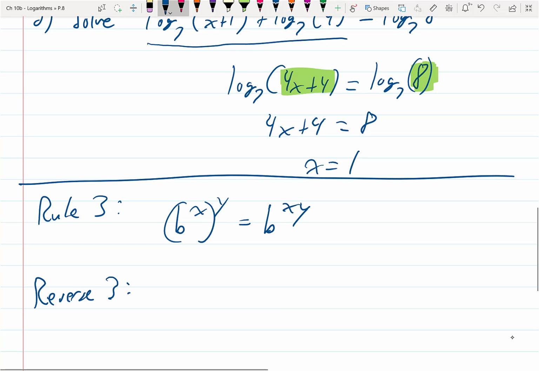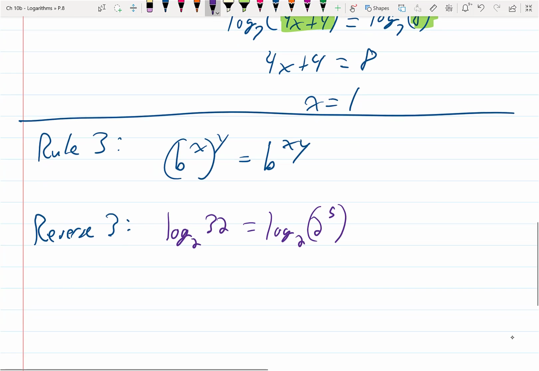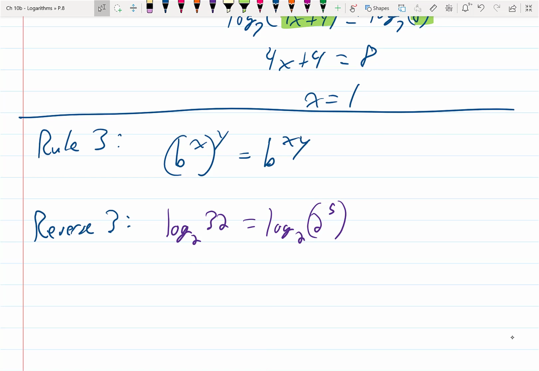Here's reverse 3 in a simple way. Log base 2 of 32, which I can write as the log base 2 of 2 to the 5th. This expression is saying, how many times do I have to raise 2 to get to 2 to the 5th?